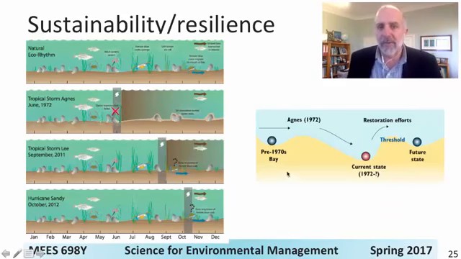Sustainability and resilience. Remember this resilience graphic of pre-70s, Hurricane Agnes, 1972, knocking it down to this current state, and then trying to do restoration to get it to a different future state.